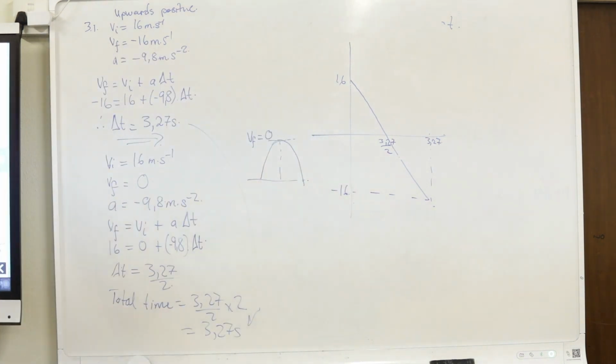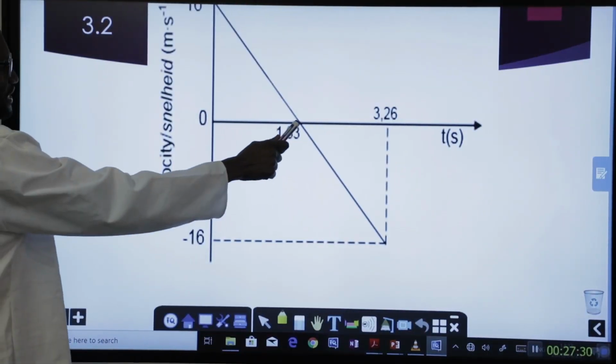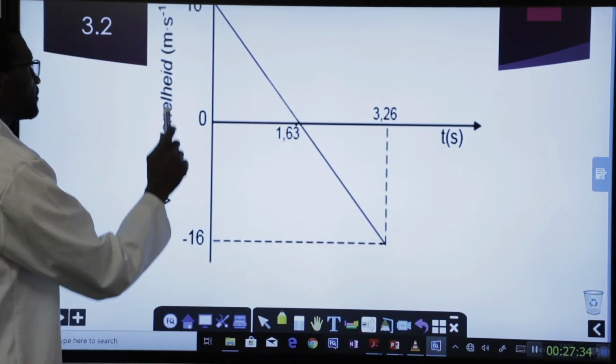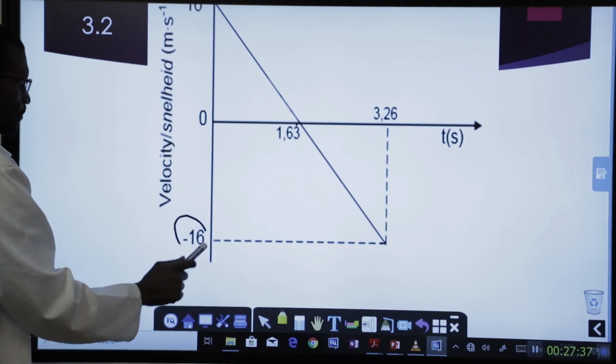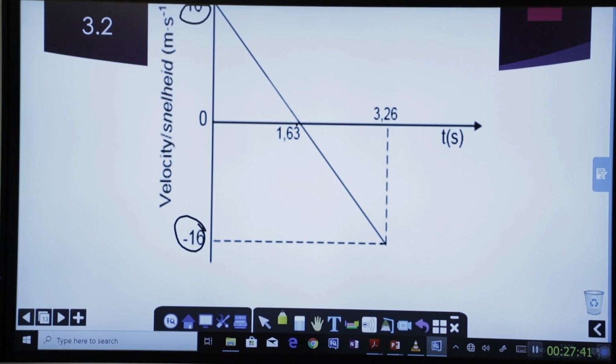I've got a better graph on the board that illustrates that. Okay, 1.63 highest point and 16 meters per second downwards, and 16 meters per second upwards.